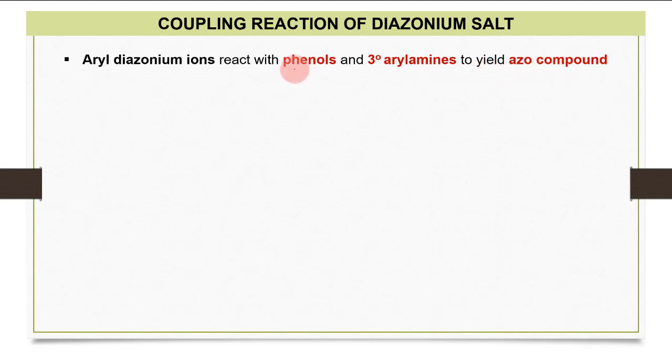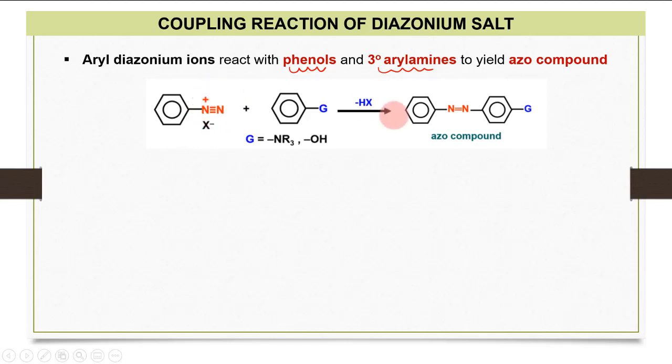The reagent is either phenol or tertiary aromatic amine. So this one is in general. You have this aryl diazonium salt, quite stable below 5 degrees Celsius, and then the reagent and condition is either a phenol or a tertiary aryl amine.